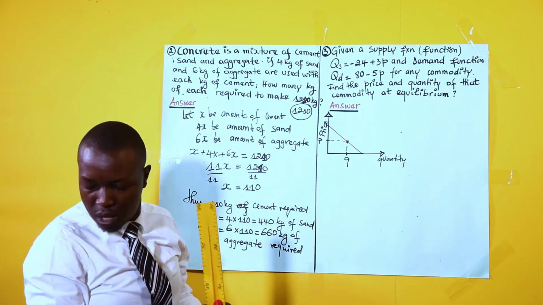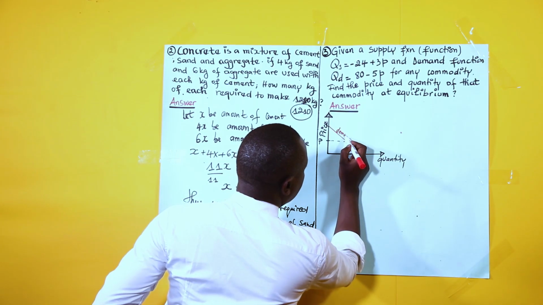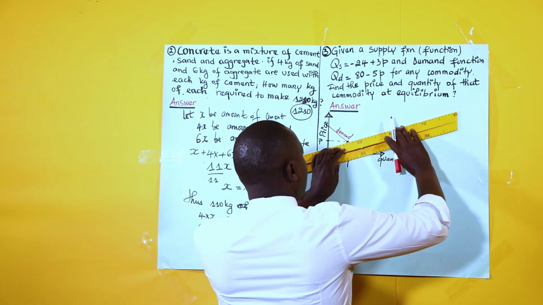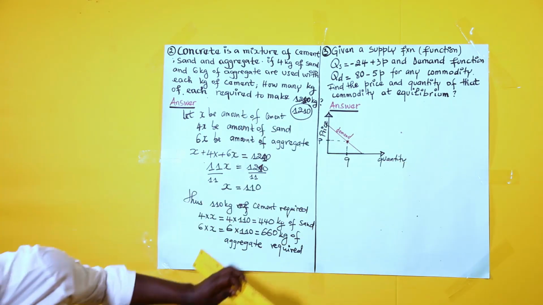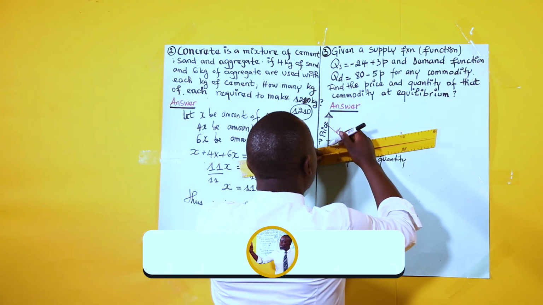This is the demand, and you can take another line to be the line for supply.